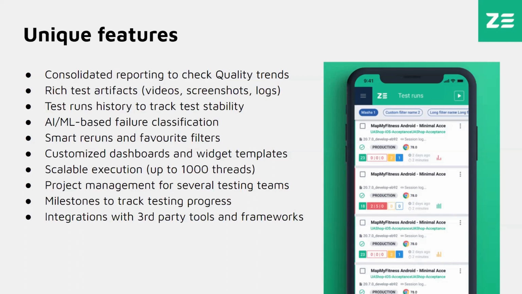Actually, I'll also show it a bit later so that you could see how it works, and milestones that allow you to track testing progress, to plan your timelines for releases, which makes the Zebrunner solution not only a test reporting and analysis tool, but also a project management tool. And the multiple integrations that Zebrunner provides with different tools, with different frameworks for your project. All of these guarantees that your test automation is in safe hands.